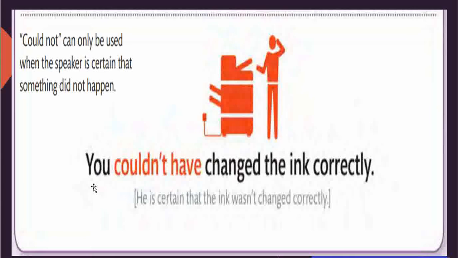So the construction is you couldn't have changed the ink correctly, which means he's certain that the ink wasn't changed correctly. That is why the photocopier is not working. So a formal construction, could not have changed, is correct for something that did not happen in the past, and this is said with surety.